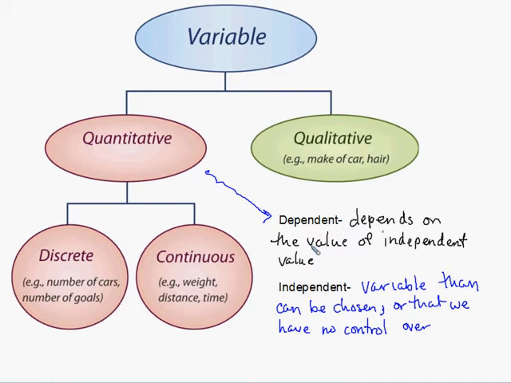So it's sometimes easier to identify the dependent variable than it is to identify the independent variable straightforwardly. You just look at your two categories and you say which one of these depends on the other one. And then you've identified your dependent variable, and then the other one is independent. Does that make sense?